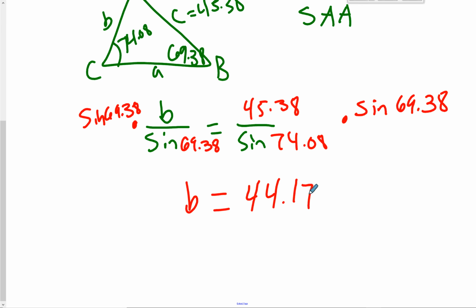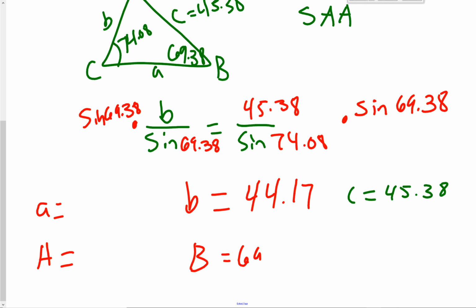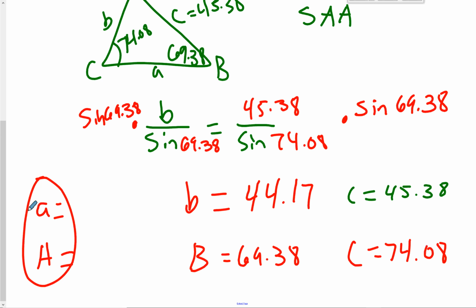Okay, so there's my B, and now I have my little b, I have my c. I don't have a though, right? So I need to solve for little a, and I need to solve for big A, the angle. And I have big B, and I have big C. So I need to solve for these two.